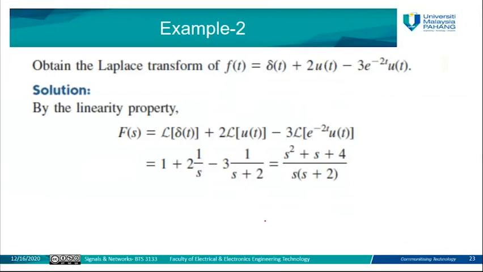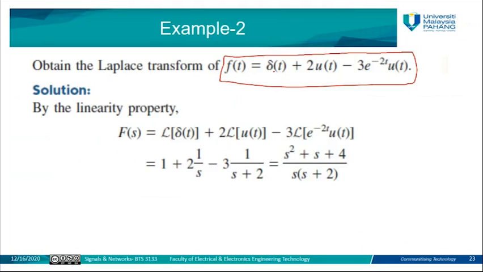Okay, so for this example, find the Laplace transform for this function, which is f(t) equal to delta(t) plus 2u(t) minus 3 e to the power negative 2t u(t). If you go back to the table that we have, you can find some similar forms.